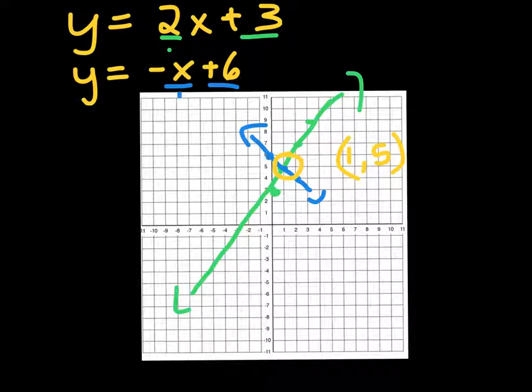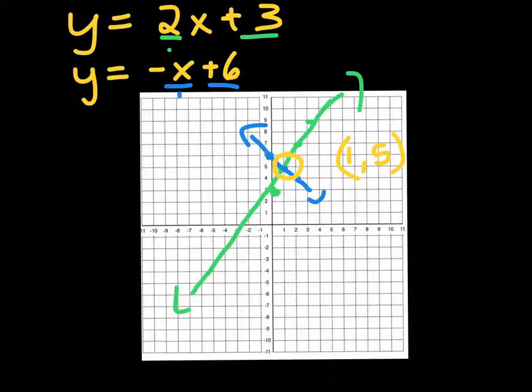Now, because I have fat fingers and because I'm not sure if my lines are straight, I'm going to check this. How I'm going to check this is I'm going to plug in 1 for x and 5 for y and see if both of them are true.